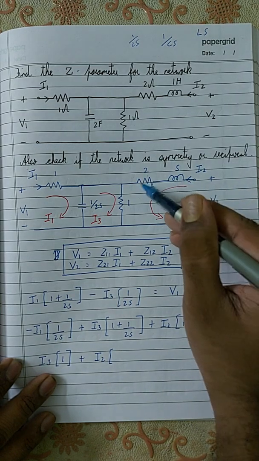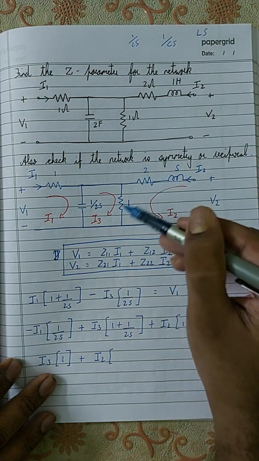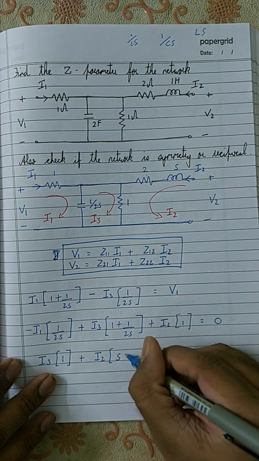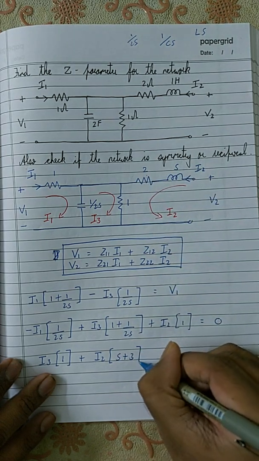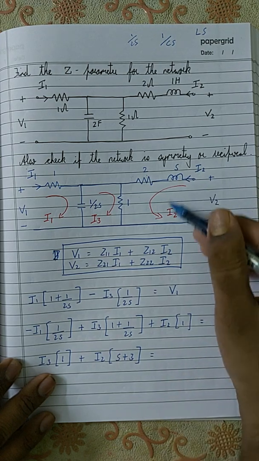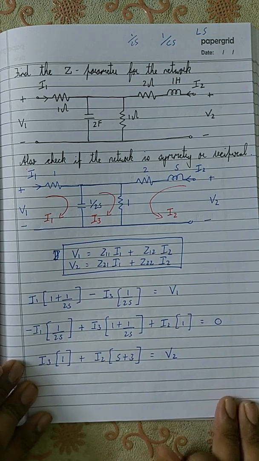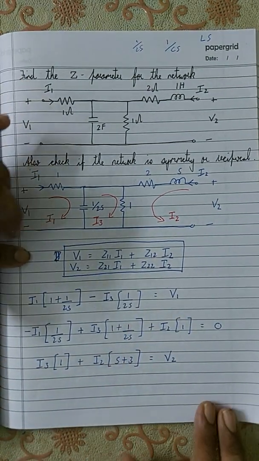I2 is touching these three elements, that is s, 2 and 3. So s plus 2 plus 1, which is s plus 3, is equal to, this is a voltage source, so it's V2. Okay, that's it. So these are the three mesh equations.